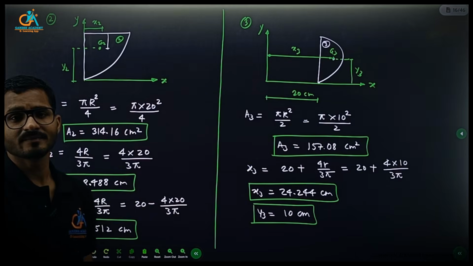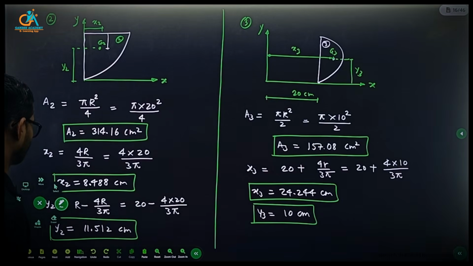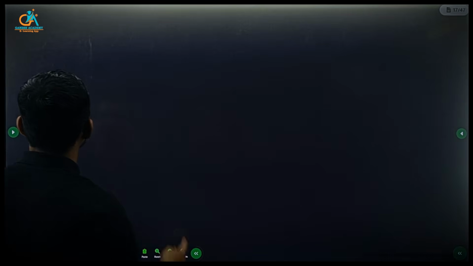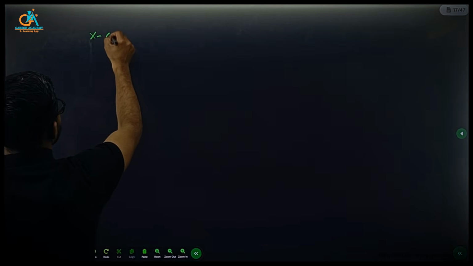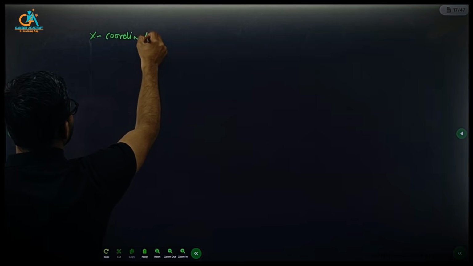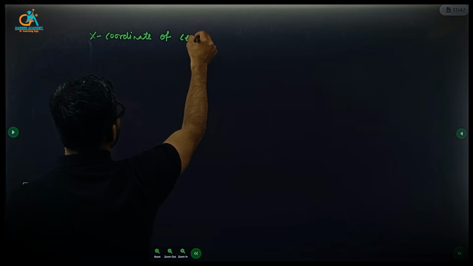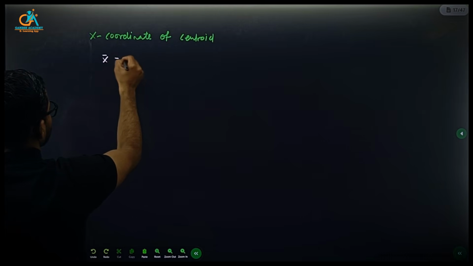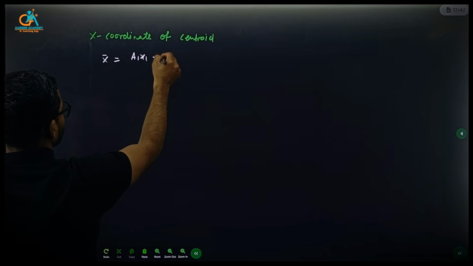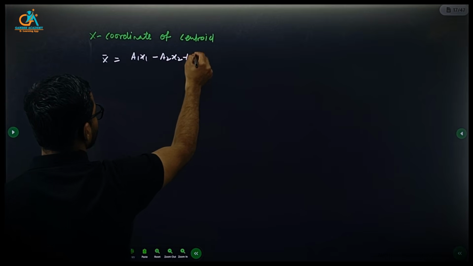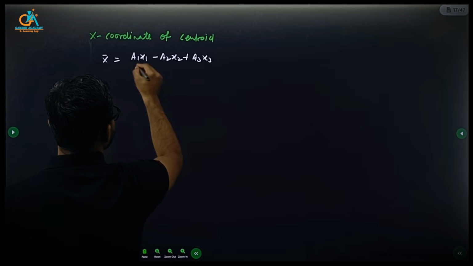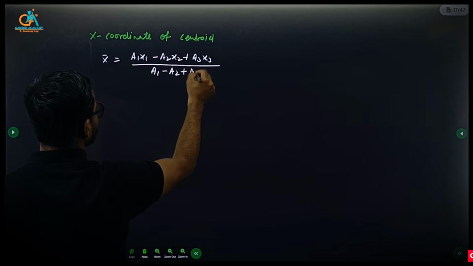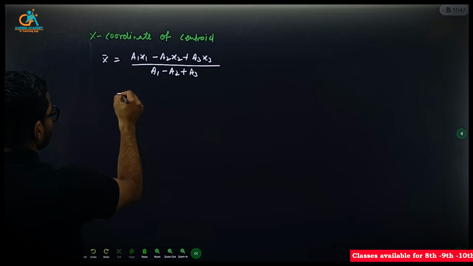Now substitute all the values in the formula. Let's find the x coordinate of the centroid, and that is equal to a1 x1 minus a2 x2 plus a3 x3 over A1 minus A2 plus A3.